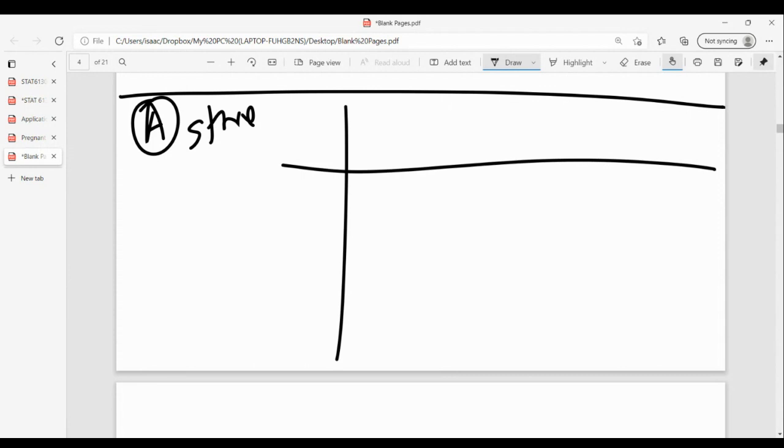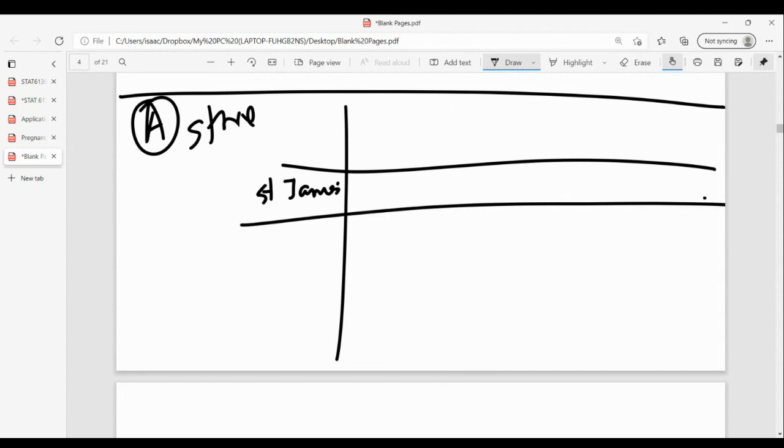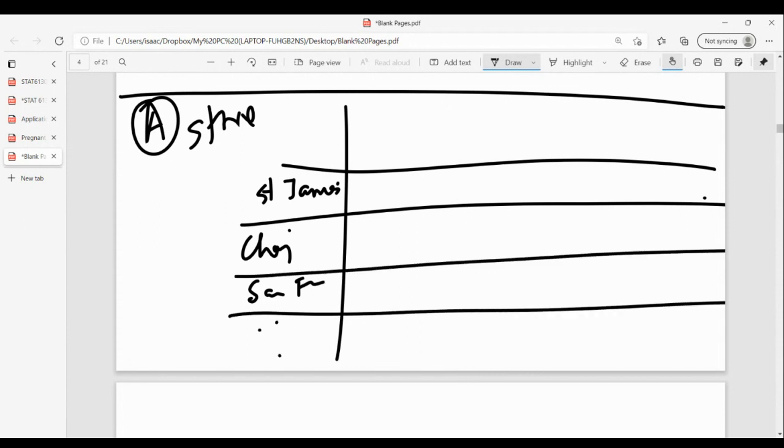So we have stores in, say, St. James, we have stores in Chaguanas, in San Fernando. We have a lot of stores in Curepe, etc., right? So this is the location. So these are my stores, one chain.